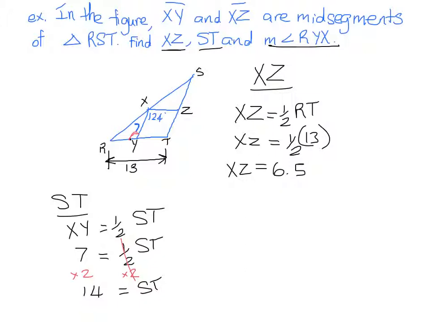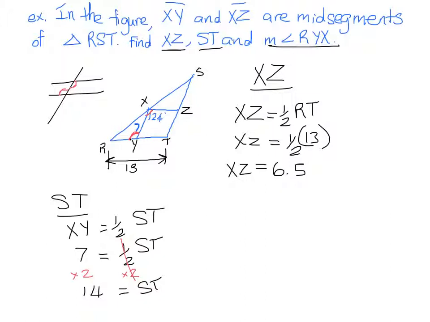Let me sketch this off to the side so it looks a little more familiar. The angle that we know is here, the angle that we are looking for is here. They're both inside the parallel lines, which means they're interior angles, and they're on opposite sides of the transversal, which means that they're alternate interior angles.